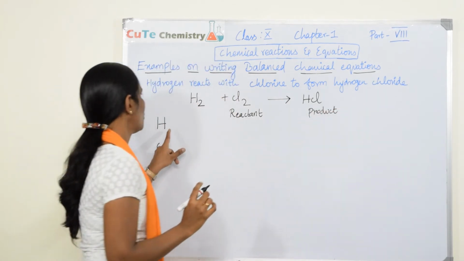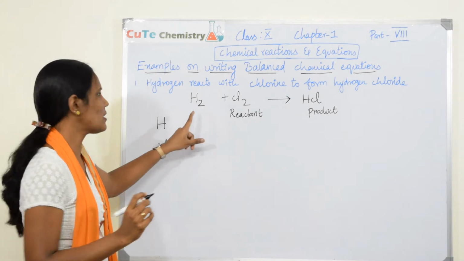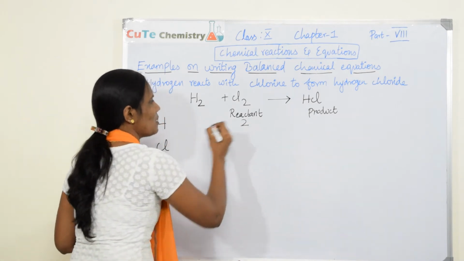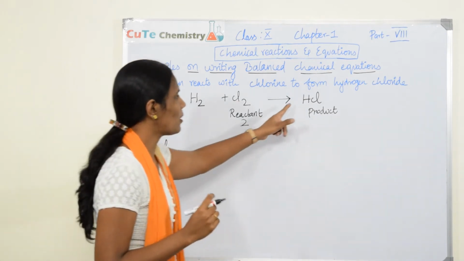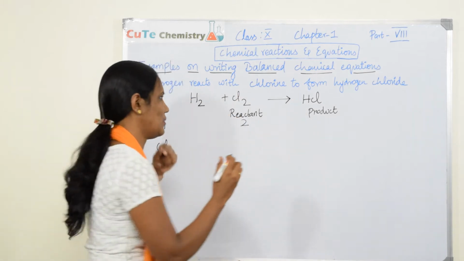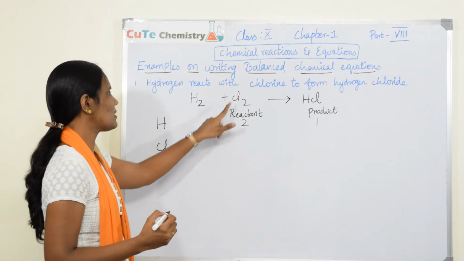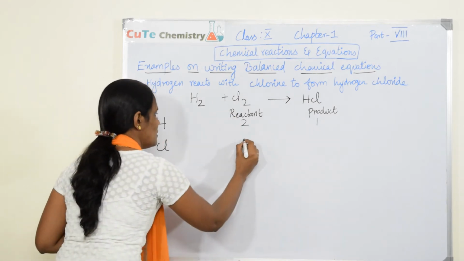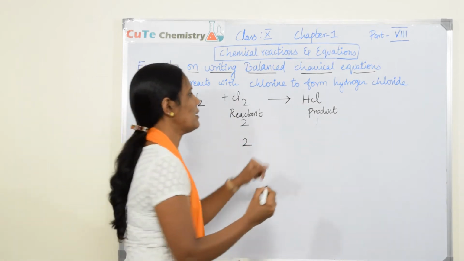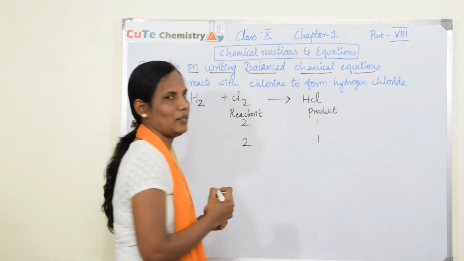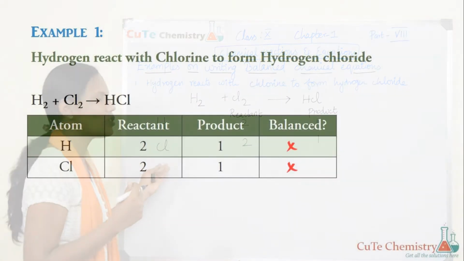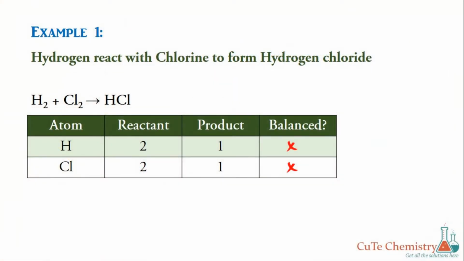Hydrogen, in the reactant side we have two atoms of hydrogen, and in the product side we have only one hydrogen. And then chlorine, in the reactant side we have two chlorine atoms, and in the product side we have only one chlorine atom, which means hydrogen is not balanced, chlorine is also not balanced.